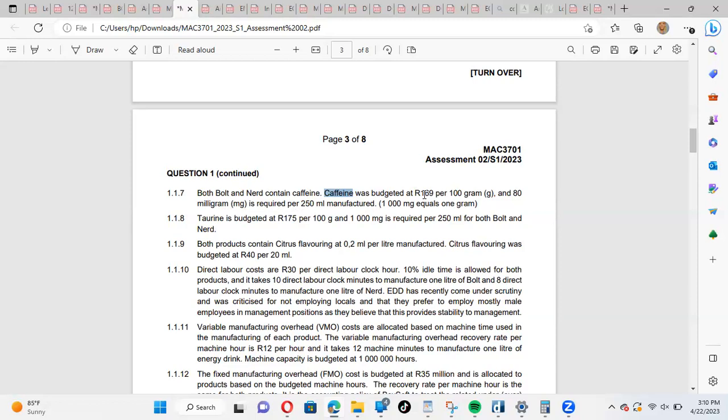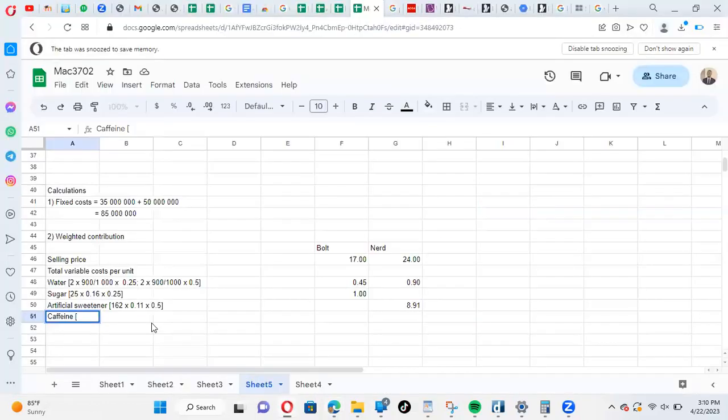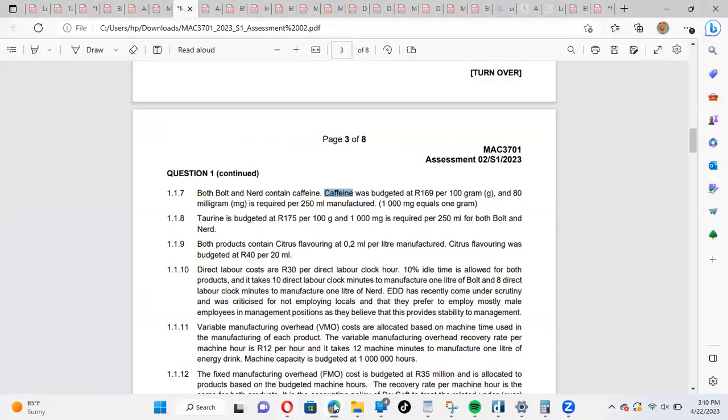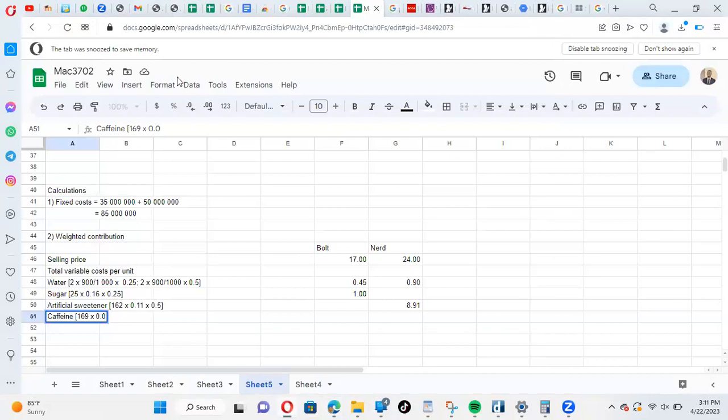It's 169 divided by the 100 grams, times 0.10. That is the cost per gram.